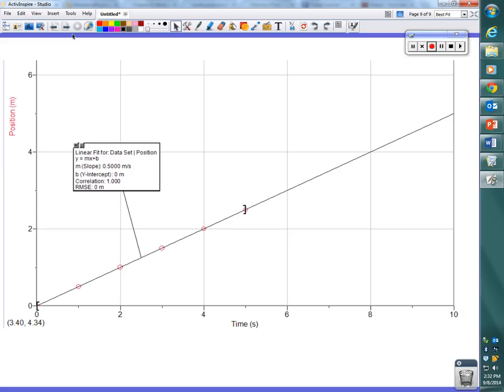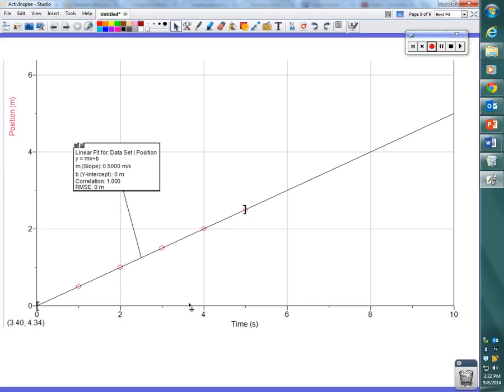We didn't actually measure them, but we could make a pretty educated guess about where this object was at, say, 3.5 seconds. Okay?